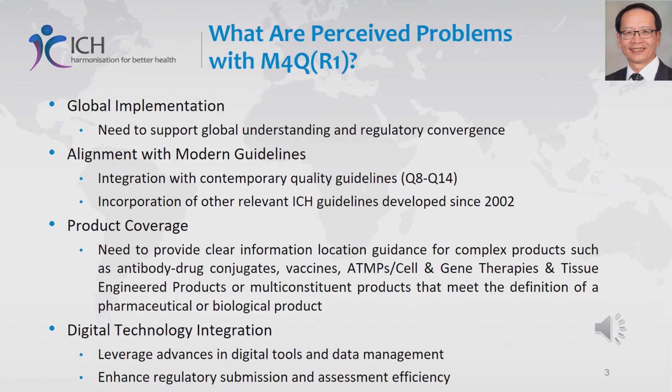M4Q R1 does not adequately integrate those contemporary concepts. Today's pharmaceutical landscape includes complex products that were not available in 2002, such as antibody drug conjugates, cell and gene therapy, vaccines, and so on.